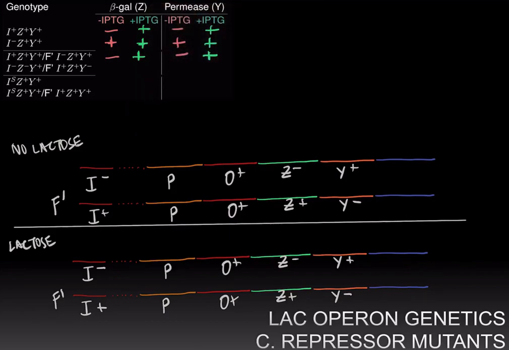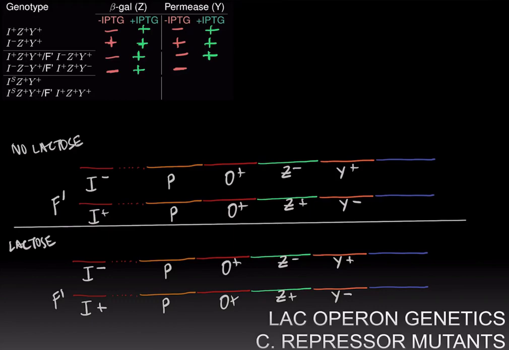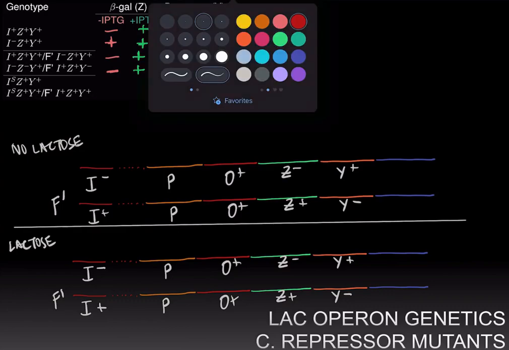But instead, what they observed was that both beta-gal and permease were inducible, and permease was not constitutive as would be expected if I acted in cis in a manner similar to the operator. And now let's see how this might work mechanistically.